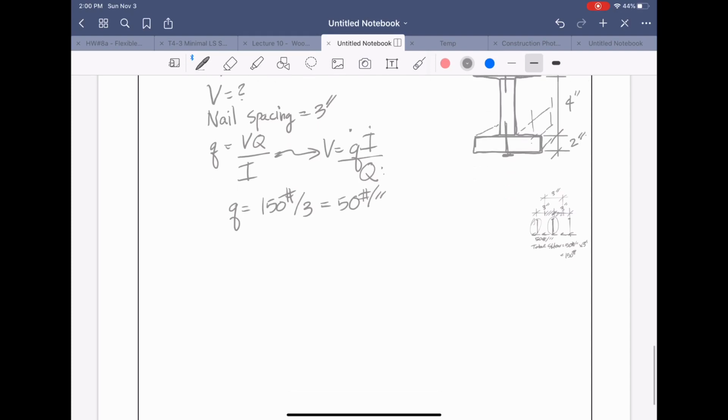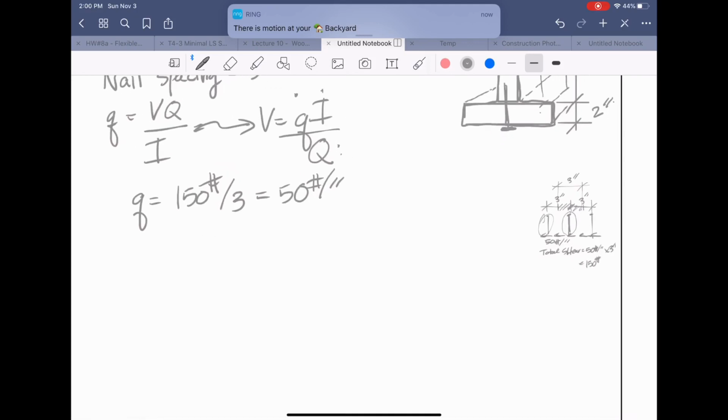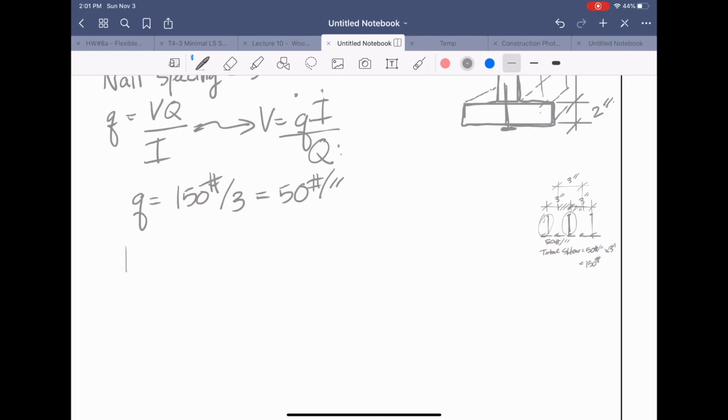So how do we find the moment of inertia? Well, that's easy. I is 1/12 BH cubed minus bh cubed.